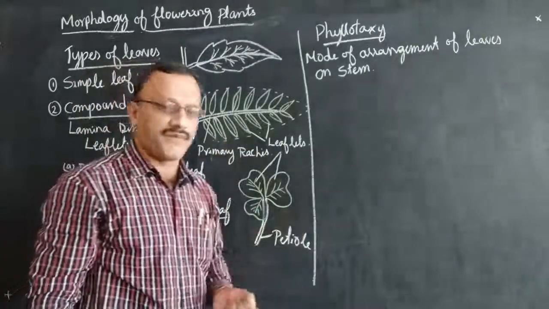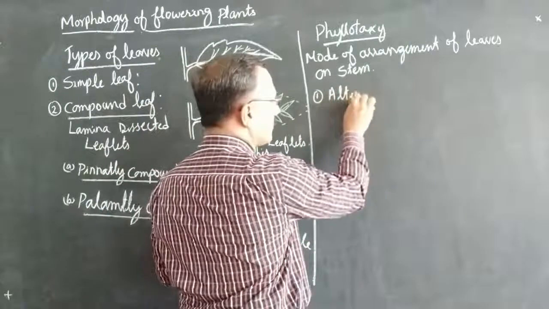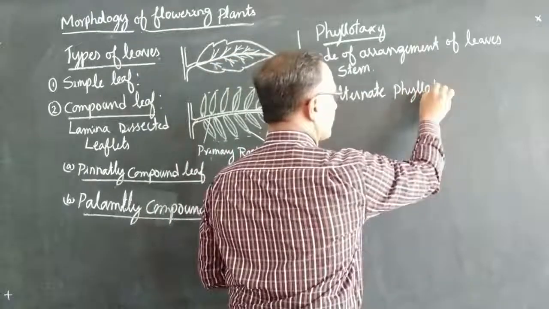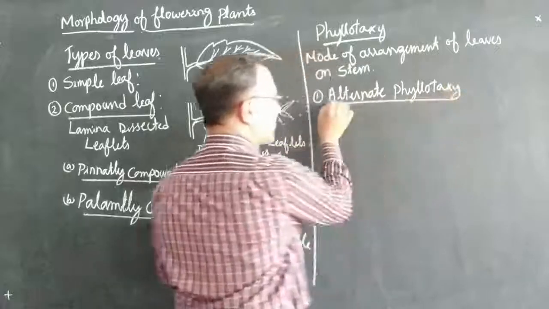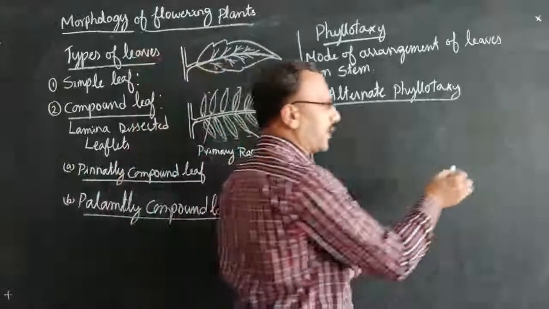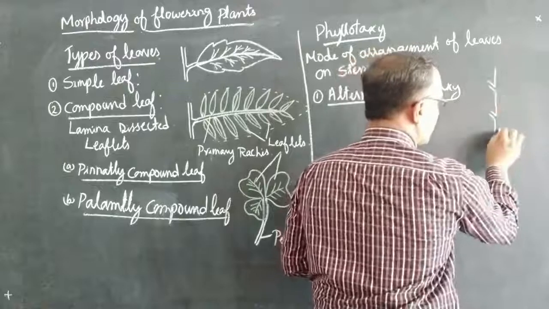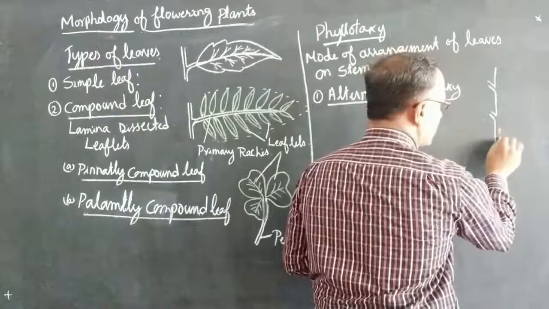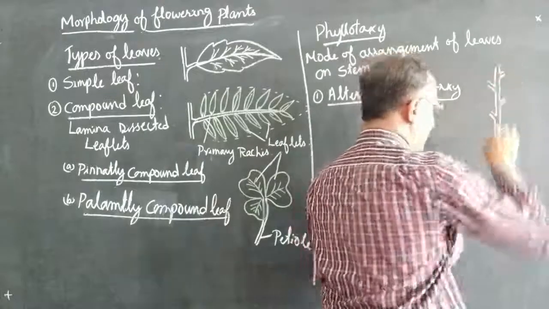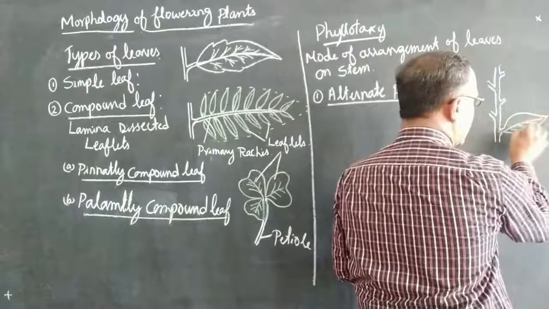There are three basic types of Phyllotaxy. One is alternate Phyllotaxy, in which at each node one leaf is found. Let me show here. Here the stem bears the leaves arising at the nodal region in an alternate manner, somewhat in a zigzag manner.